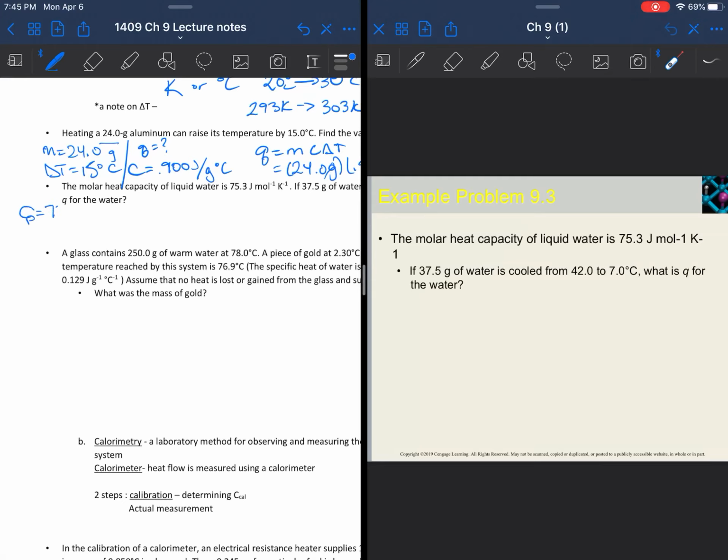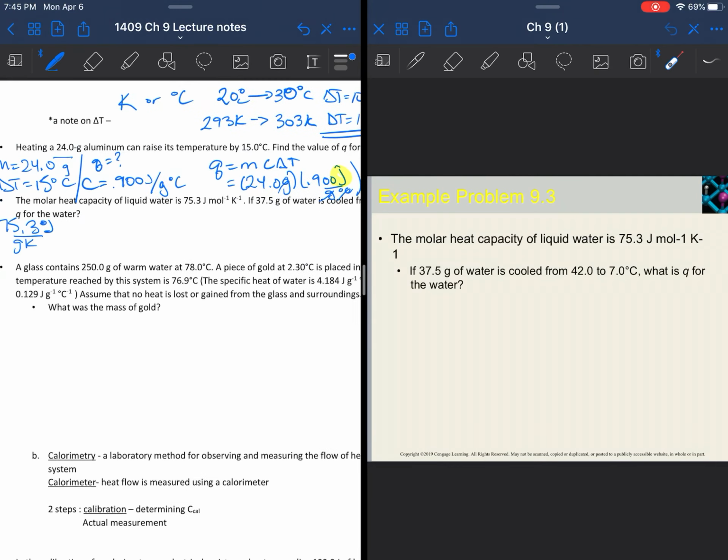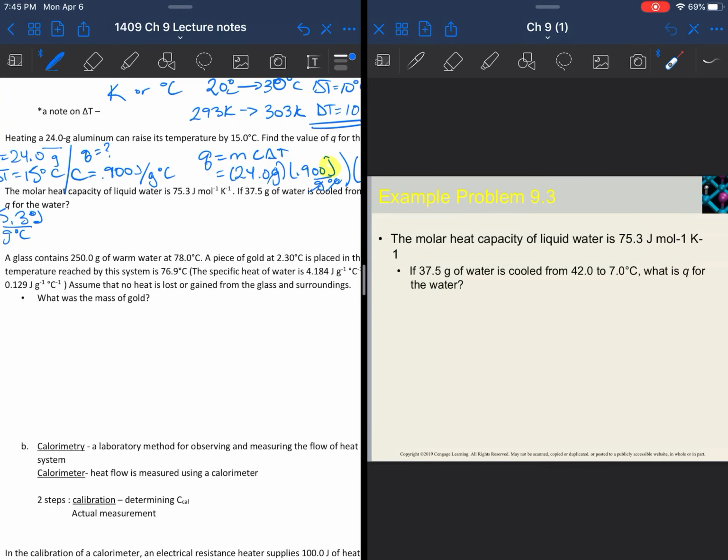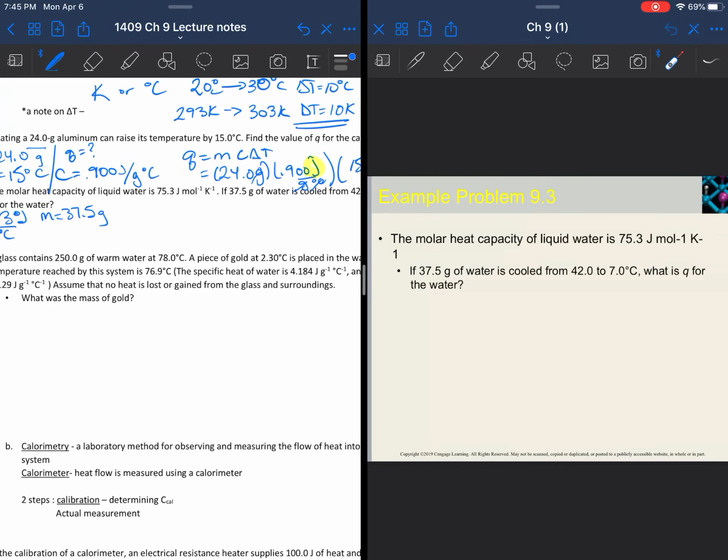So in this problem, we know the molar heat capacity, right? So let's write this down. We have CP is 75.3 joules per mole Kelvin. I'm just going to stick with degrees C because that will keep everything consistent.